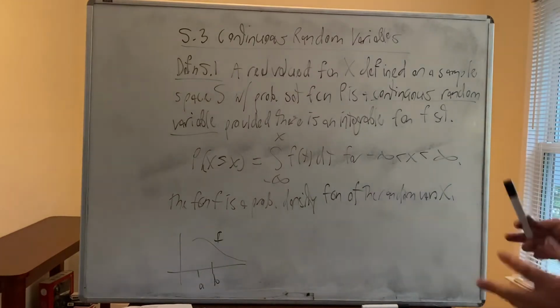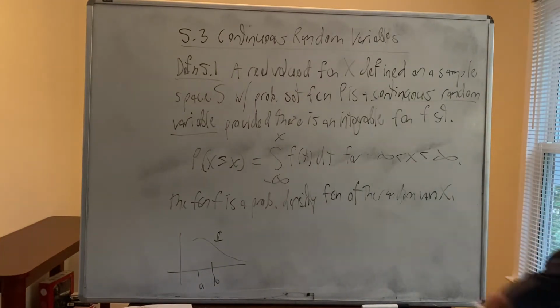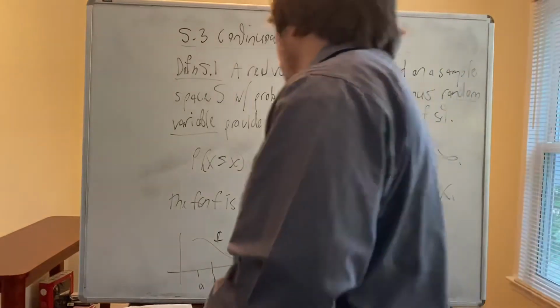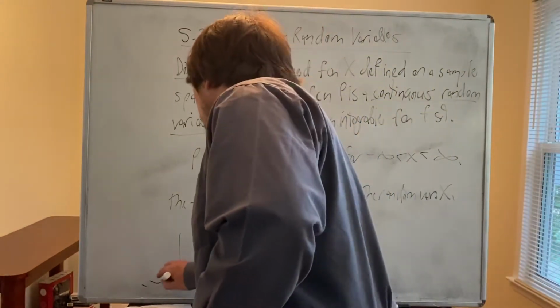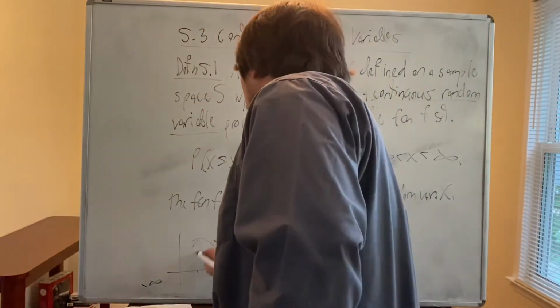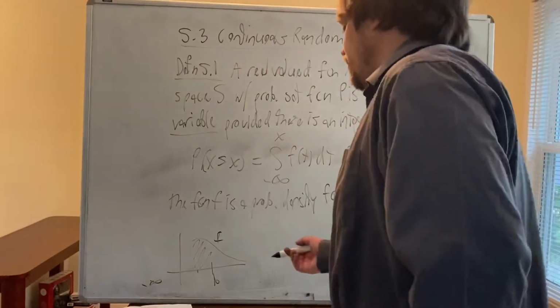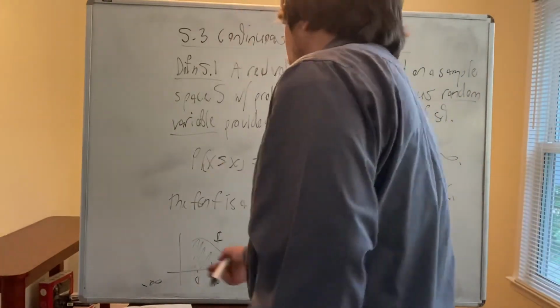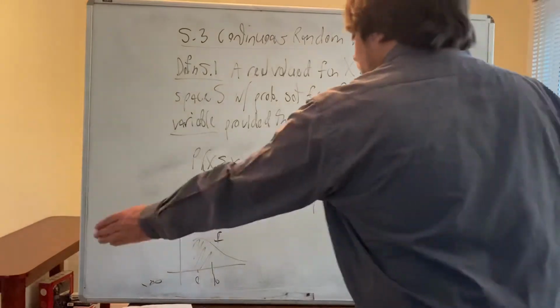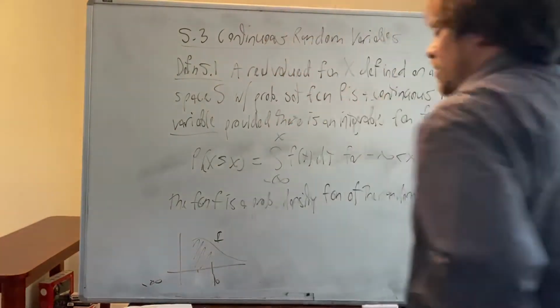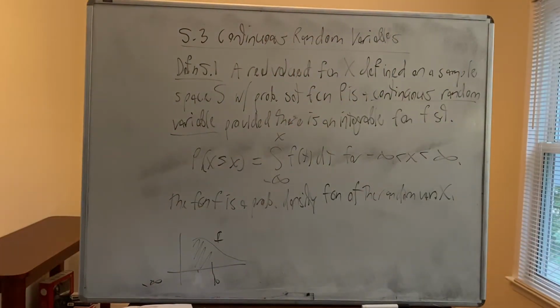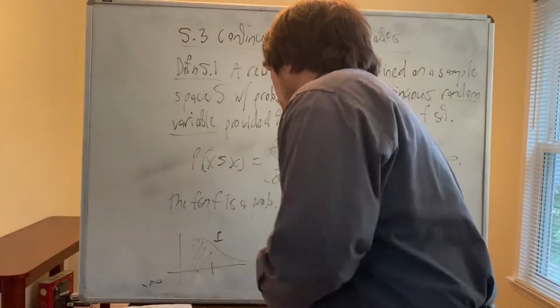And instead of saying from a to b, it would just be from negative infinity to b. In that case, it would be 0 to b because there's nothing there. But as far left as you can go to some given little x, in this problem it's little x.